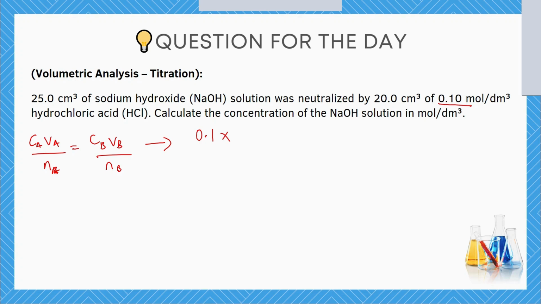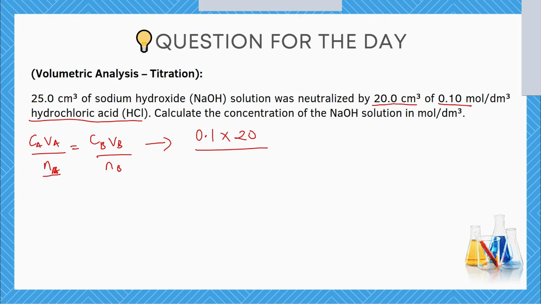The volume of the acid in this case was 20 cm cube, because they said neutralized by 20 cm cube of 0.10 moles per dm cube of hydrochloric acid. So we have times 20 divided by the number of moles of acid.